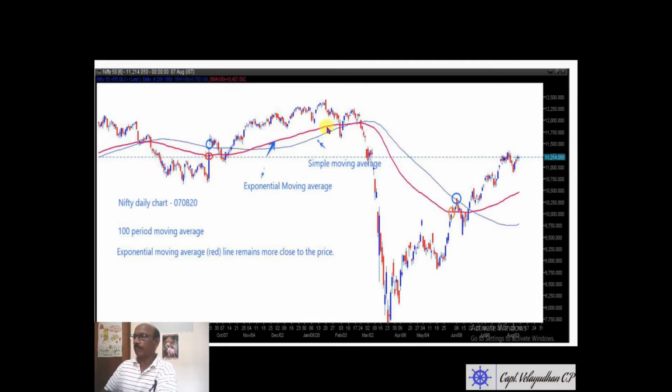Here also you can see the price is lying close to the exponential moving average. So it has the added advantage. We get early entry. Suppose we are buying signal here. Here we get an indication that we can buy here, and here also an early exit position. Exponential moving average has the added advantage of early entry and early exit. So most of the people nowadays use exponential moving average.